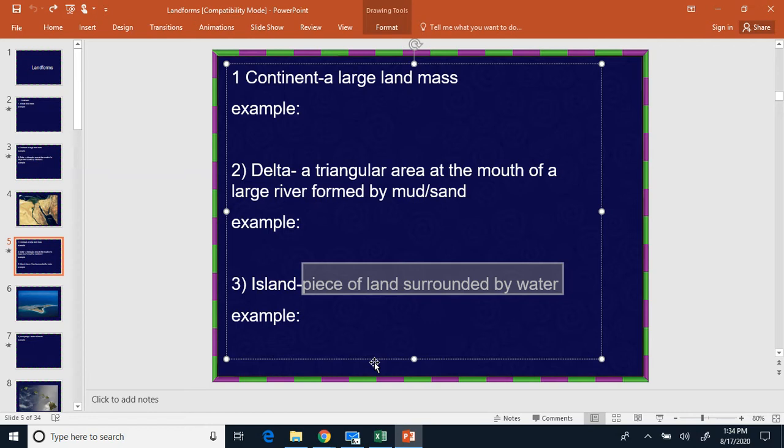No matter where you go, you'll eventually run into water. Although I suppose that's true for a lot of places. But for the island, it's a smaller piece of land surrounded by water on all sides. Examples of islands would be like Hawaii, for example.